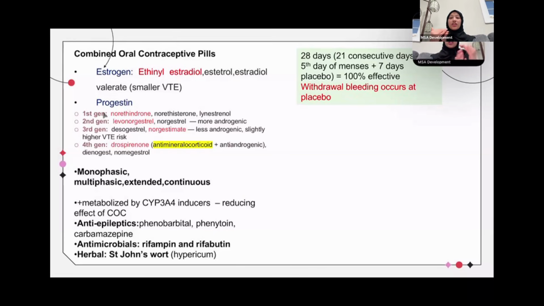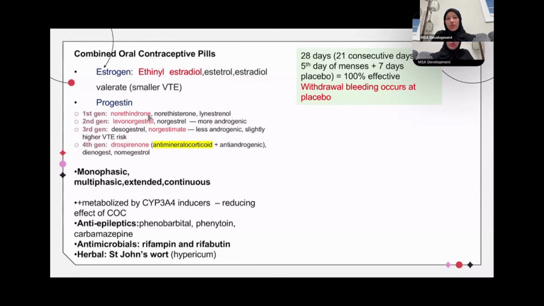Progesterone has different generations: first, second, third, fourth. That's because they all differ a bit in activity on the androgens. The ones highlighted in red are the ones she mentioned, so that's what I'm going to focus on. Don't memorize all the names, it's completely fine.